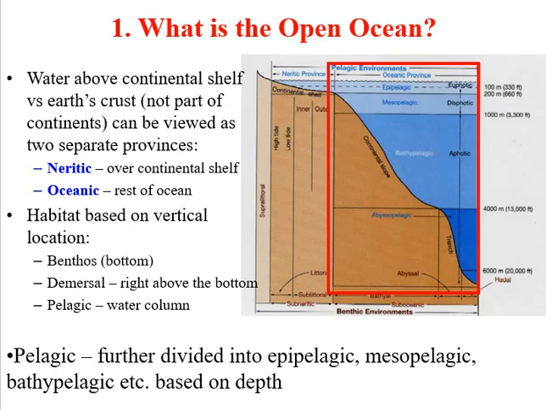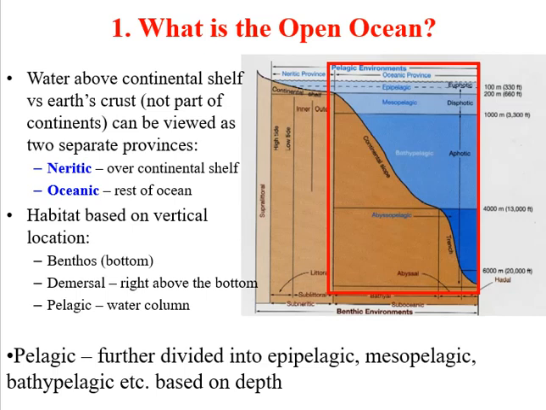But the pelagic can be further divided into different parts: the epipelagic, the mesopelagic, and the bathypelagic, and even some deeper pelagic than that, all of which have specific physical characteristics, and that translates into the type of organisms that you find there.